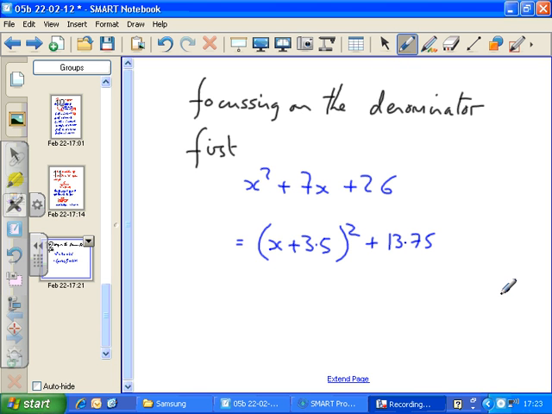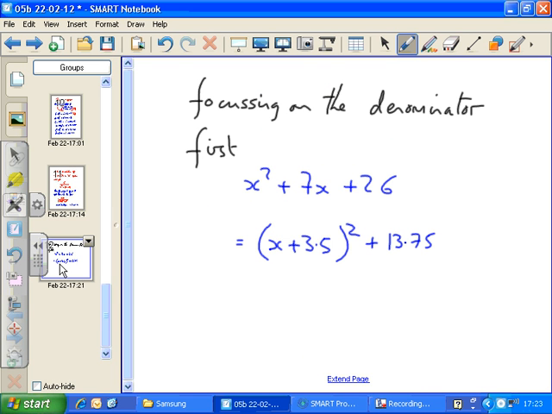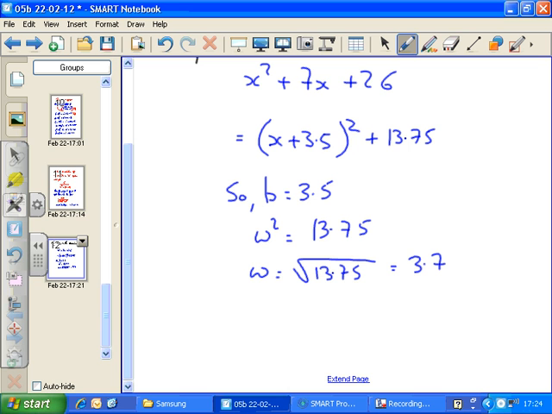Looking back to the original question, b equals 3.5 and omega squared equals 13.75. So therefore omega is the square root of 13.75, which is 3.71.